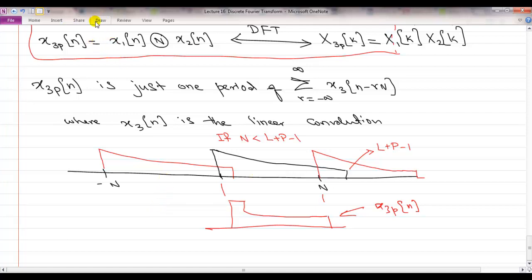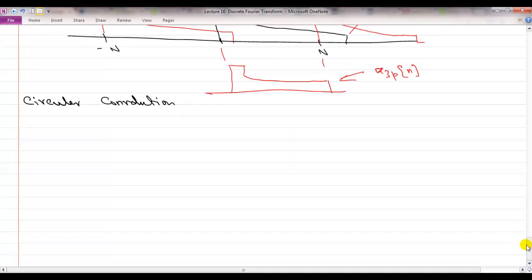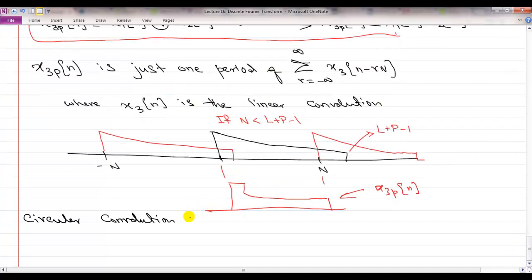So the upshot is that circular convolution is given by time aliasing of the linear convolution.